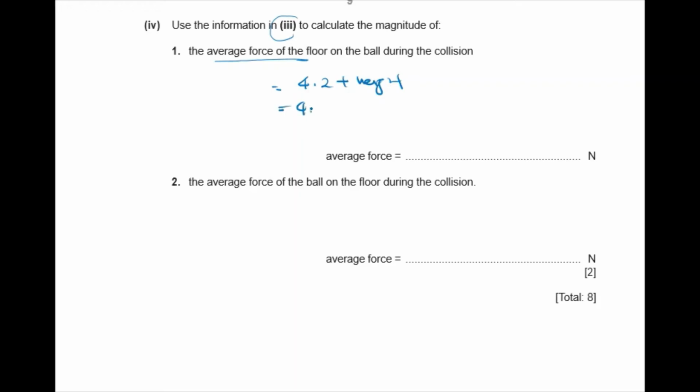So we have 4.2 plus weight mg, 0.062 times 9.81, and the answer is 4.81 Newton. The average force of the ball on the floor during the collision is the same, 4.81, because according to Newton's third law, the forces are equal but in the opposite direction.